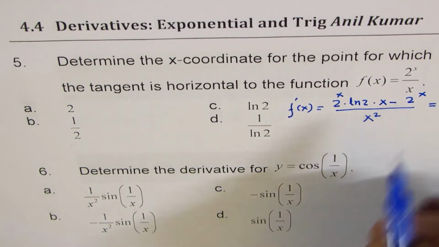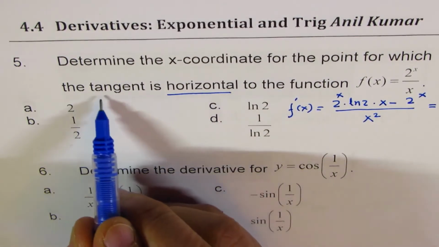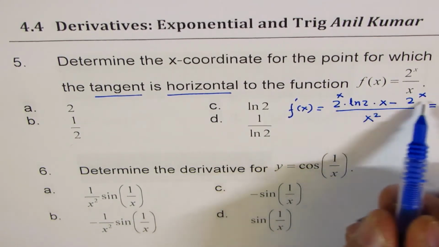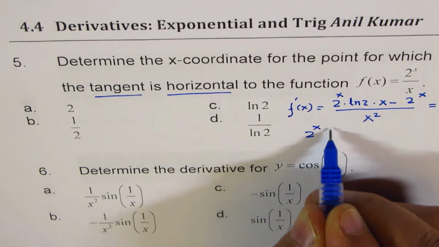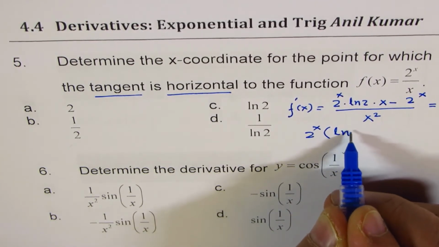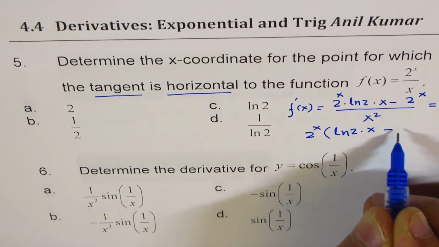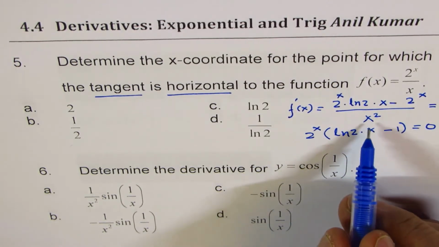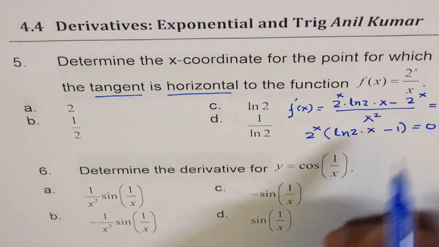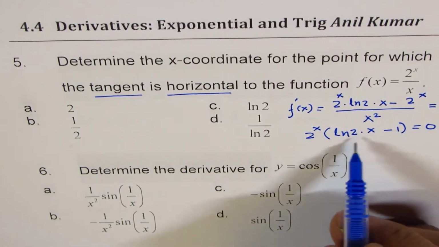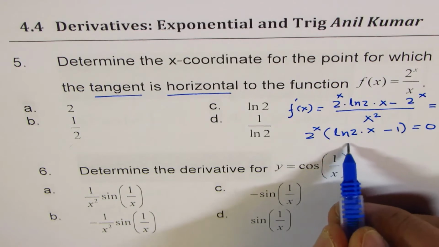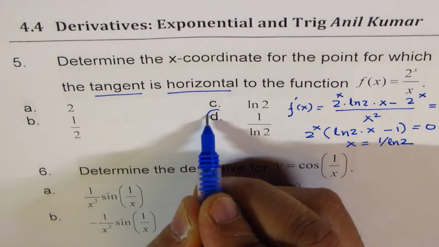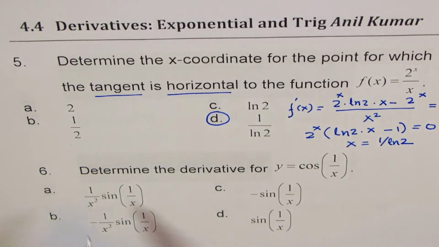That should be equal to 0 for a horizontal tangent, so the numerator is 0. We can take 2 to the power of x common. We get ln 2 times x minus 1 equals 0, since only the numerator should be 0. Equating this factor to 0, we get x equals 1 over ln 2. So option D is the right option.